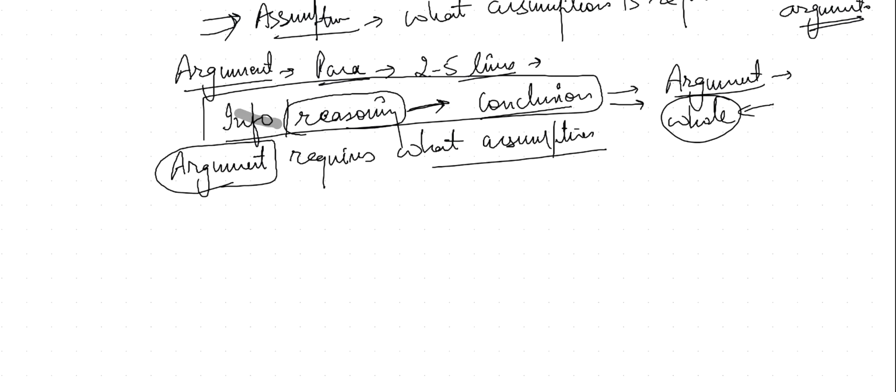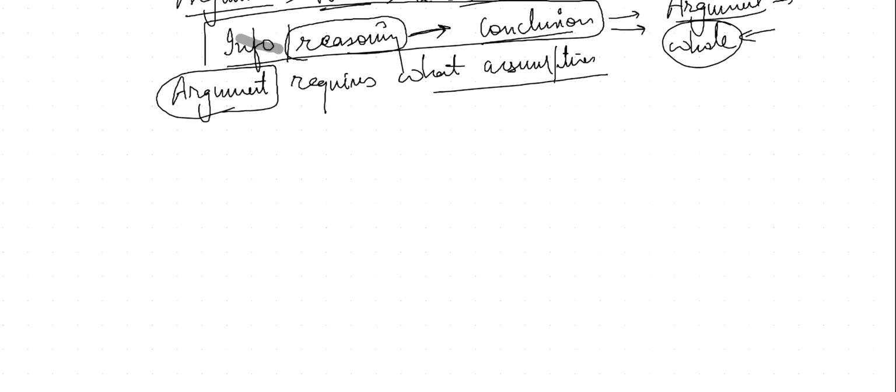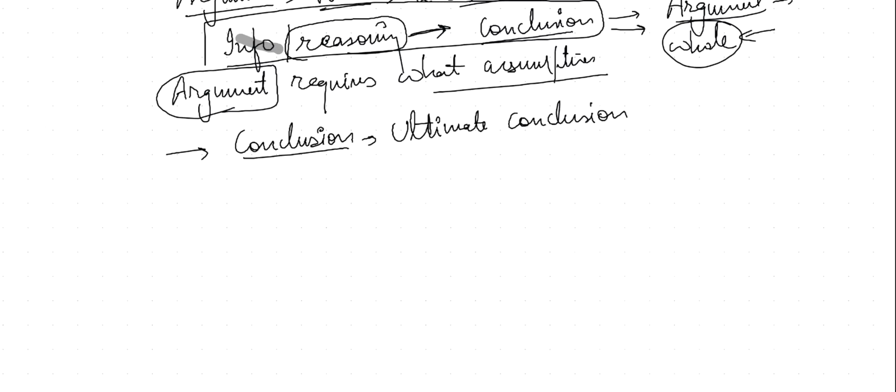And if there is one underlying thing that we all need to understand, it is the conclusion. What is the ultimate conclusion of the argument? This is there for every CR question, doesn't matter which subtopic we are talking about. Ultimately, what is the final conclusion?